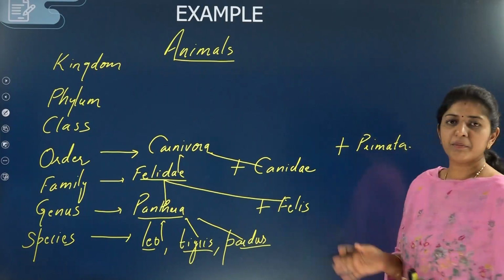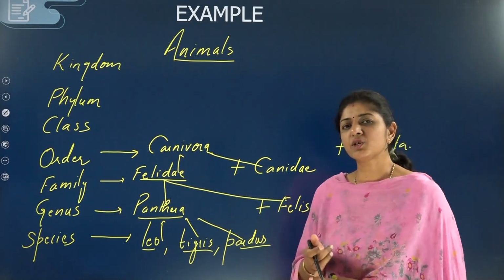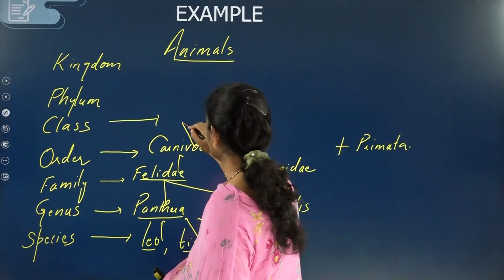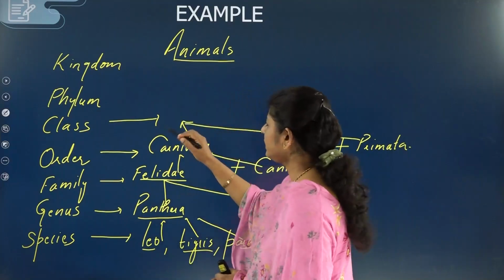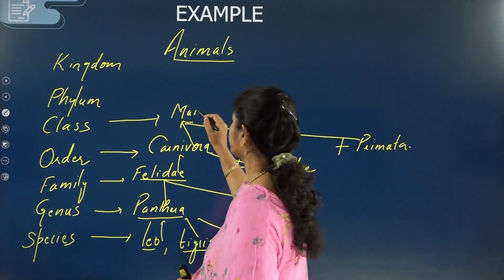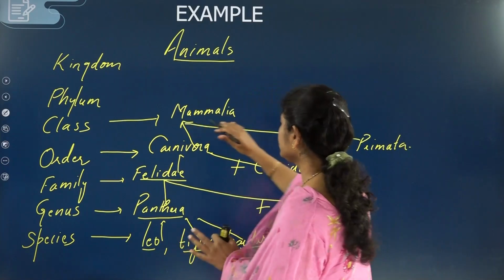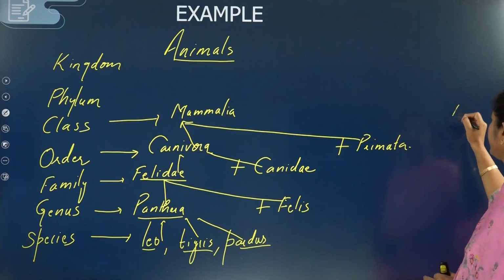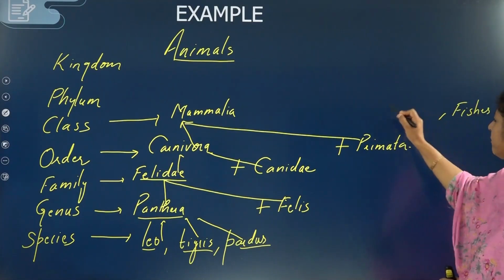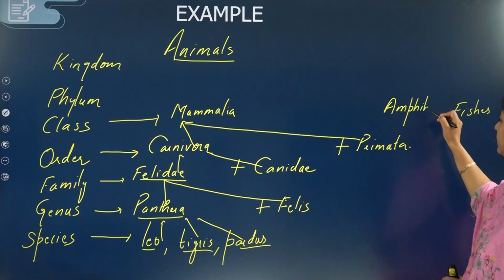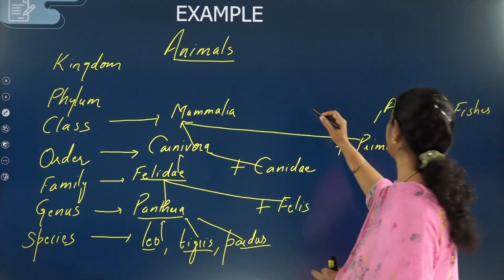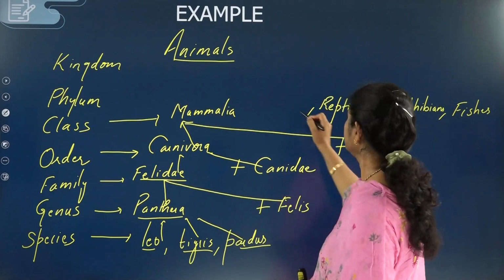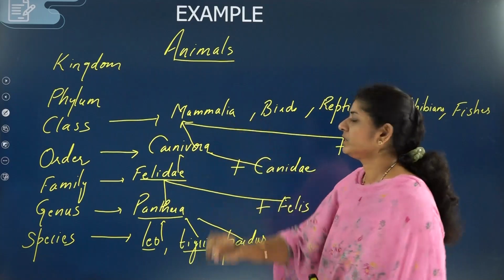Now I am taking Primata, which can include chimpanzee, gorilla, and monkey. So which class will it come under? Both Carnivora and Primata come under the class Mammalia. And you know that according to evolution, there are other classes at the same level as Mammalia: fishes, amphibians, reptiles, birds, mammals, right?